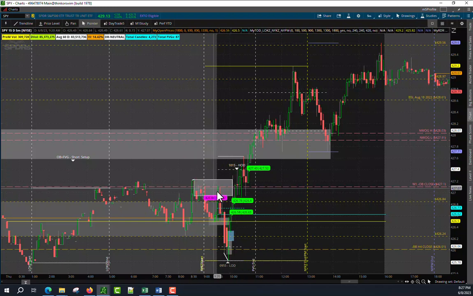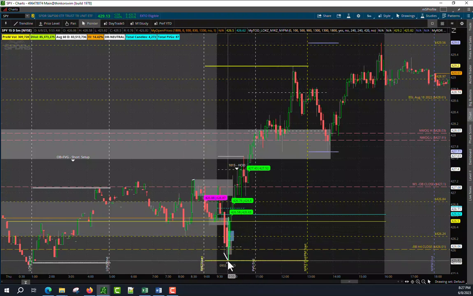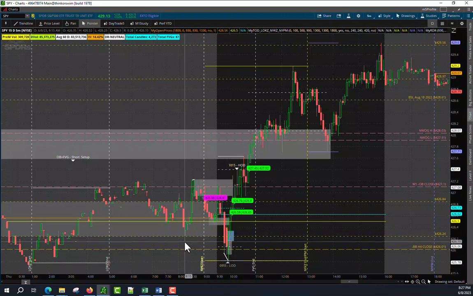So let's mark out some significant points of interest or time frame. So the first thing right here I would mark is this swing low, or the order block right here.